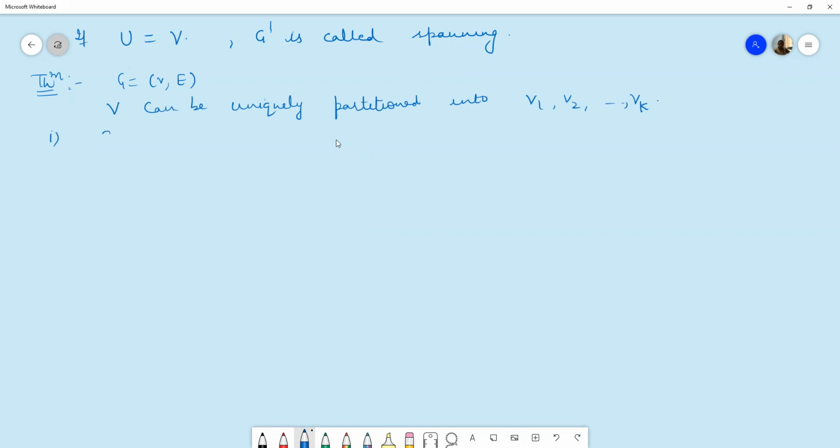Number one, if we take the general graphs G1 = (V1, E1), G2 = (V2, E2), and so on, Gk = (Vk, Ek), and these are the graphs induced by the vertex sets V1, V2, ..., Vk, then the graphs induced by these sets are all connected.